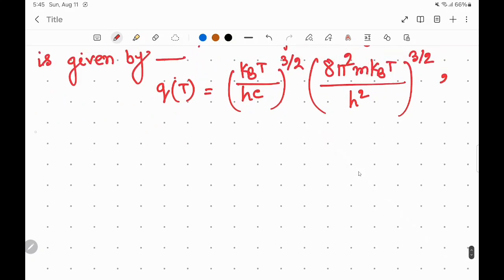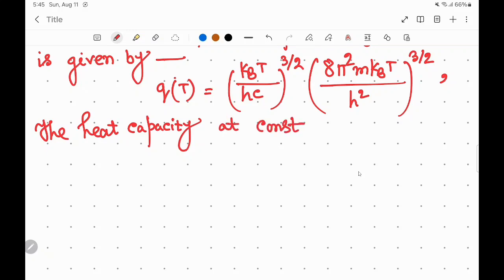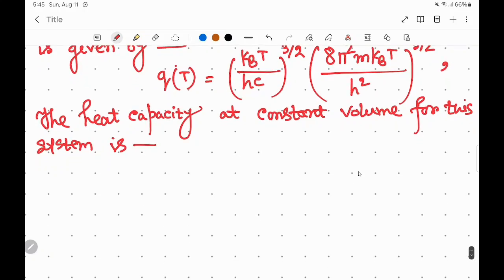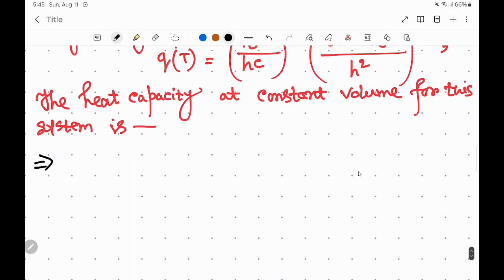Now calculate the heat capacity. The partition function is given and we have to calculate the heat capacity.